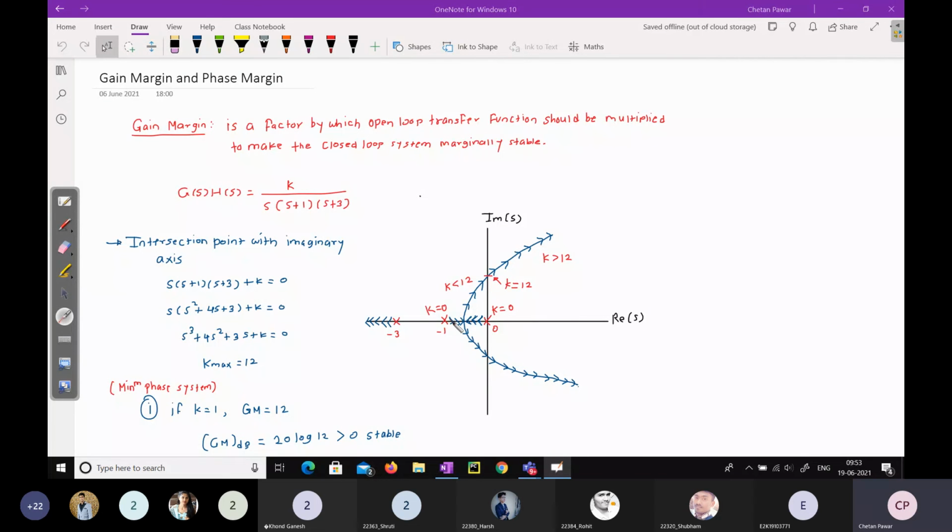I am expecting an answer from you. Hello. My current value of k is 1. Now I want to make this system marginally stable. For k equal to 1, is the system unstable or stable? You tell me from this root locus. Are you getting the idea?